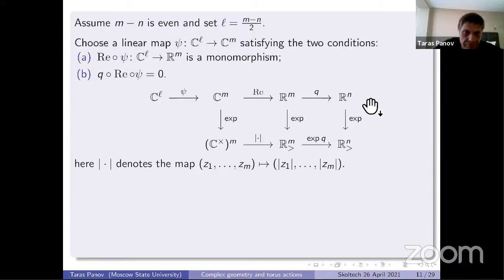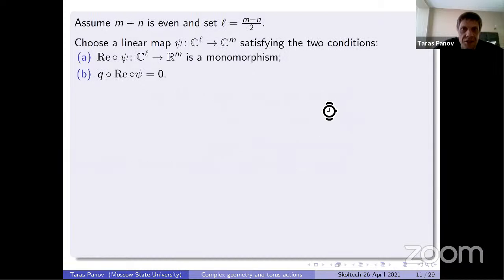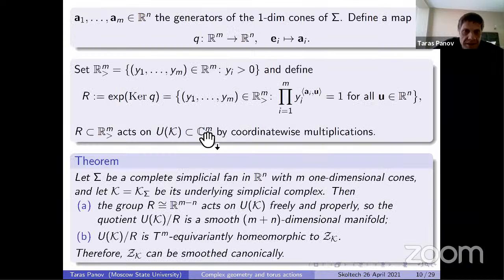That's just a fancy way of saying you put a complex structure on this: you take the kernel of Q and map a complex space onto it of the same dimension. In this way you put a complex structure on this kernel, on this (m minus n)-dimensional real space.